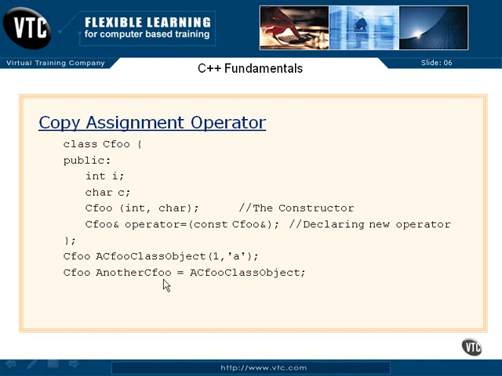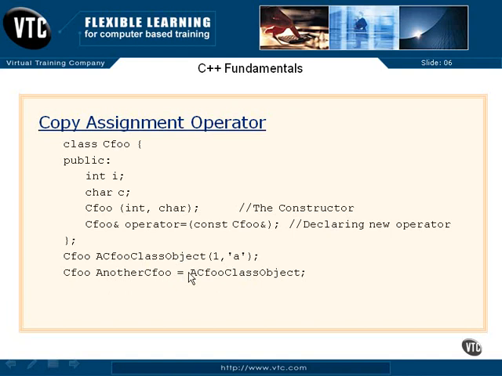Then down here, this is how it gets used. Another cfoo equals a cfoo class object, so that's a copy assignment. We have created a new another cfoo of this type by declaring it here, and we have initialized it with the already existing class object from up here that we created with the 1 and the a.